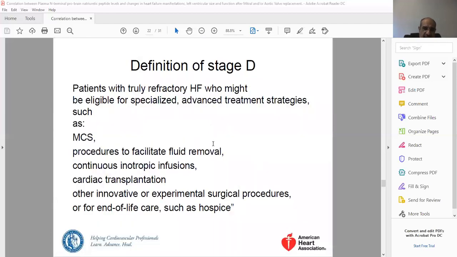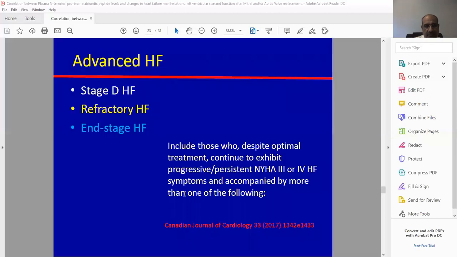The stage D heart failure patients are patients with advanced heart failure. These are the patients who are refractory to medical therapy, and they usually need advanced therapies like mechanical circulatory support and maybe continuous inotrope infusions, maybe cardiac transplantation, and maybe other innovative or experimental procedures like MitraClip, LVAD, CRT, or even end-of-life issues like hospice care.